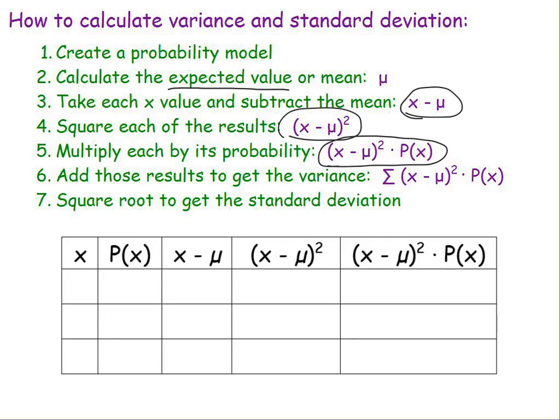Then you're going to add down that last column to get the variance. So when we add, we end up with variance. And then finally, to get your standard deviation, you square root your variance. So let's take a look at the exact same examples we were working on last lesson.